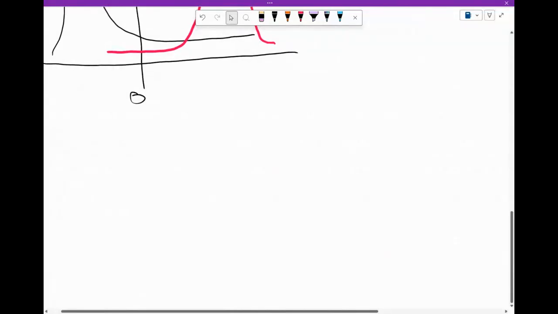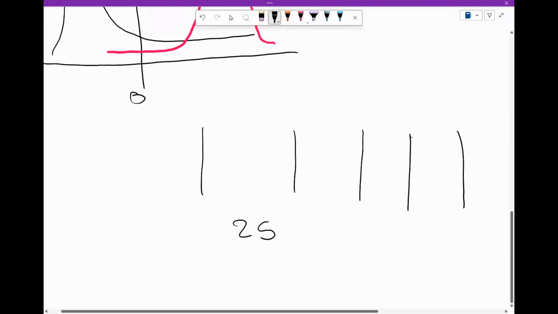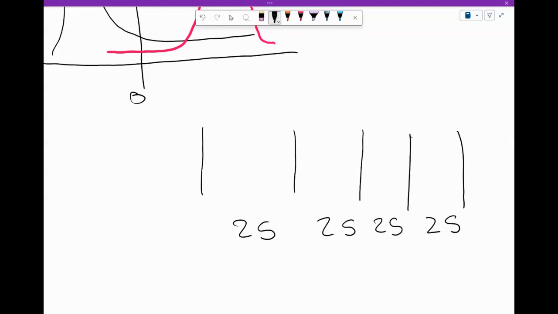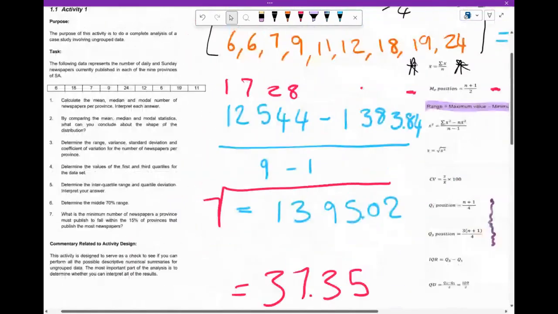If we have a quantile, that means that we are splitting our data into 4 equal parts. So you've got the first 25, second 25, third 25, and your final 25. So if we're saying the first quantile, which 25 are we looking at? This one. So we want to know all the data values, what should they lie below?